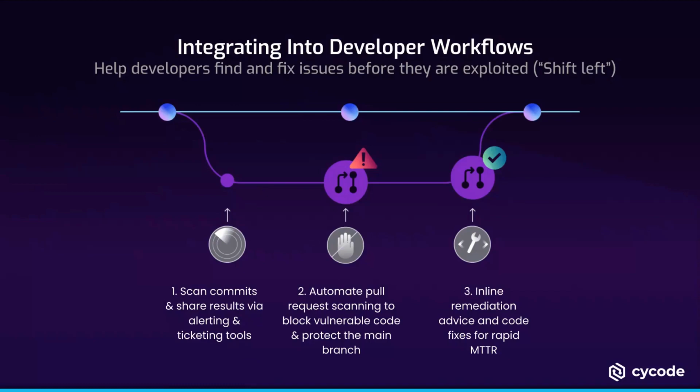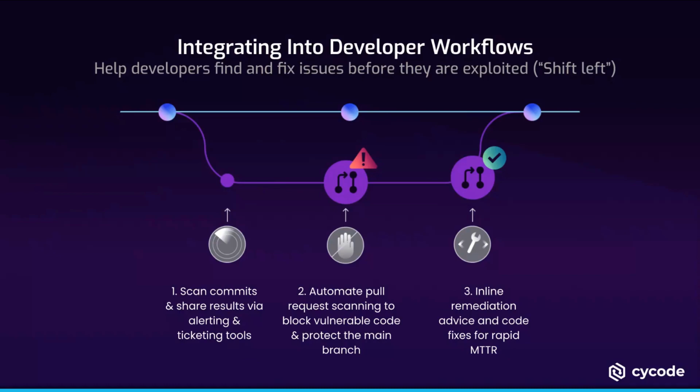And the third step as part of this integration into the developer workflow is to provide remediation advice and code fixes for rapid mean time to remediate. By providing this remediation advice and actually the code fix, you can help your engineers do that fast and even remove from them the burden of understanding each and every policy, each and every misconfiguration, and hence also enforce your security best practices.